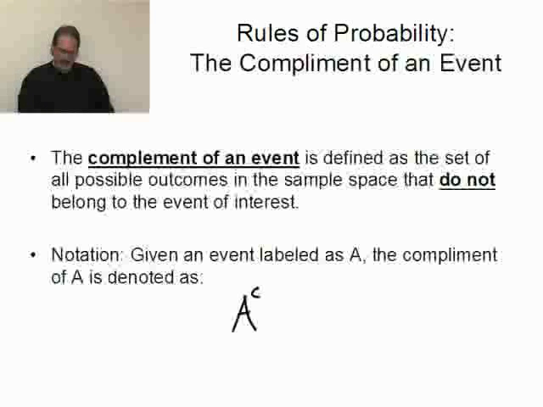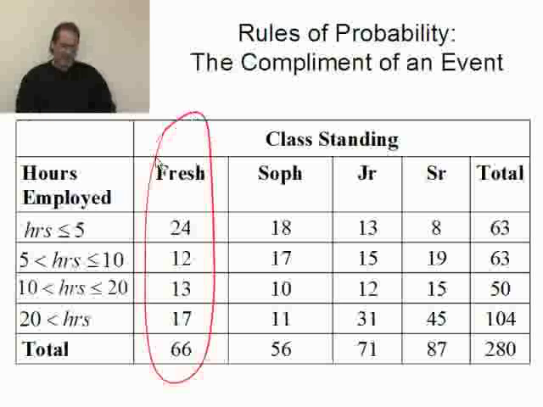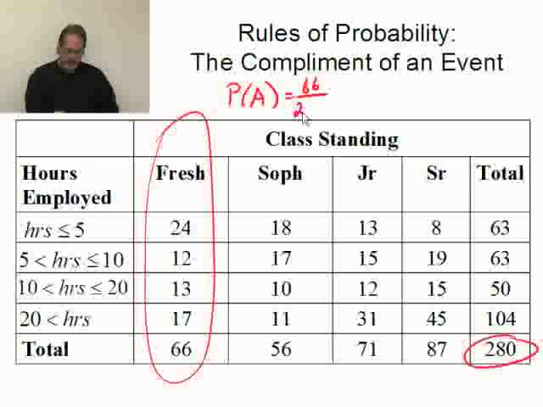Now, let's take a look at a quick example of what exactly that means. Suppose the event A was defined as observer freshman. So, the event A, observer freshman, there's 66 in there. So the probability of event A, if event A is observer freshman, is 66 out of the total 280. Now the complement is everything else.